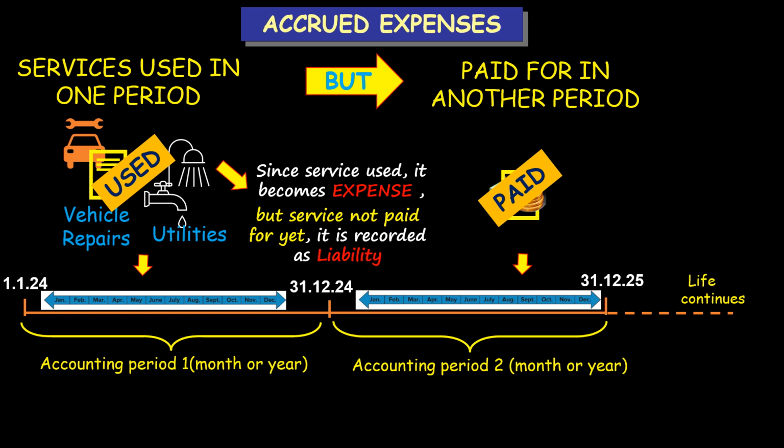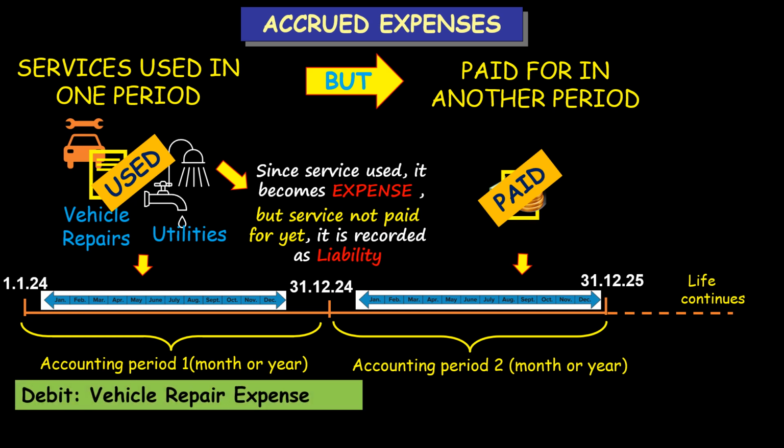So the double entry is going to be debit your expense because we used a service, and use the name of the service. So in this case, vehicle repair expense or utilities expense will be debited. And since we are not paying it, we will create a liability with the word payable.